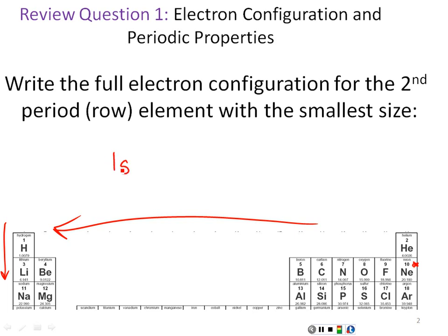So we have 1s1, 1s2, 2s1, 2s2, 2p1, 2p2, 2p3, 2p4, 2p5, and finally 2p6. Okay, so that would be the full electron configuration. If you wanted to write the condensed configuration, you can just show that as simply [Ne] in brackets because it is a noble gas and it has a filled shell.